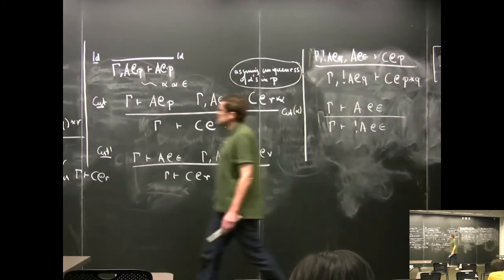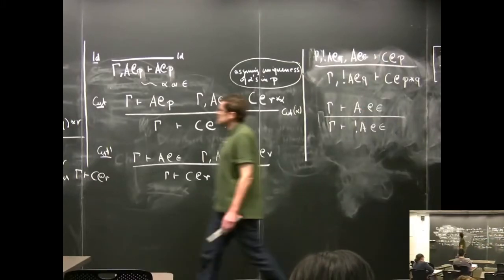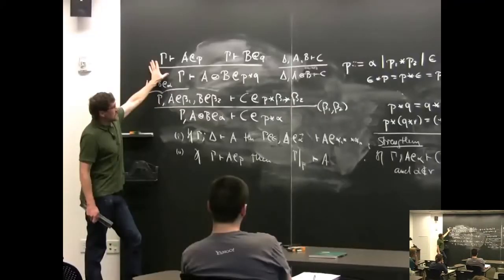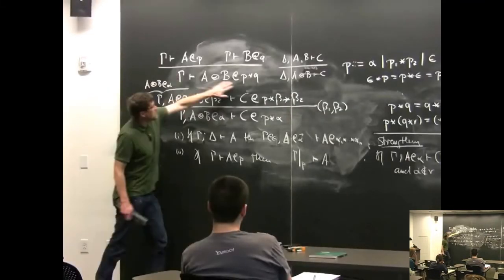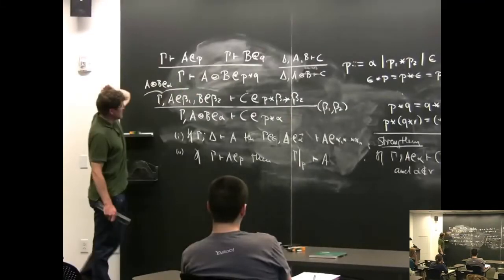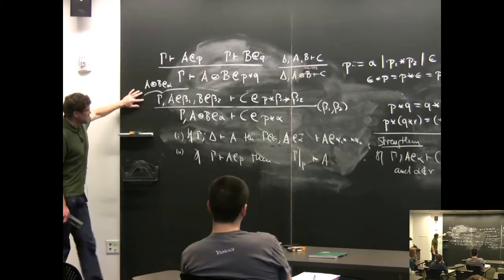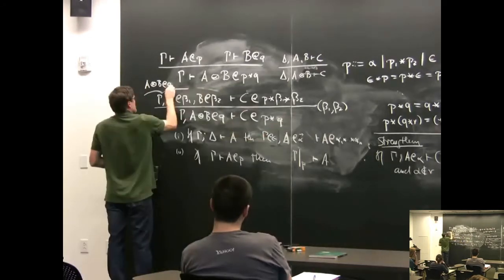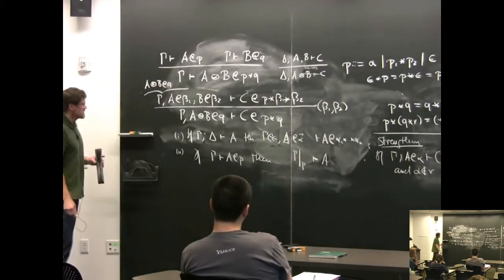Now we need to worry about the tensor rule. How about this one? That stays the same because there's no assumptions involved. I mean, the P star Q is split into P and Q. And what happens here now? So the alpha needs to be a Q. Anything else change in that rule?